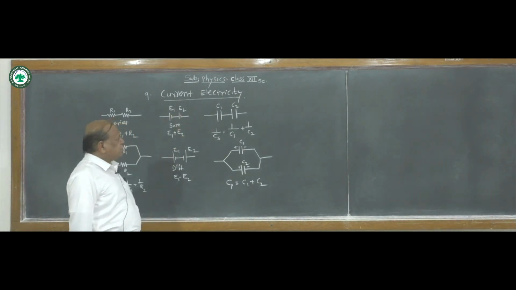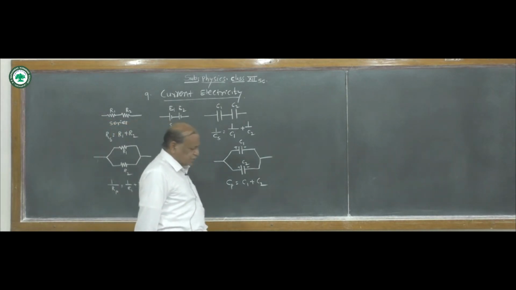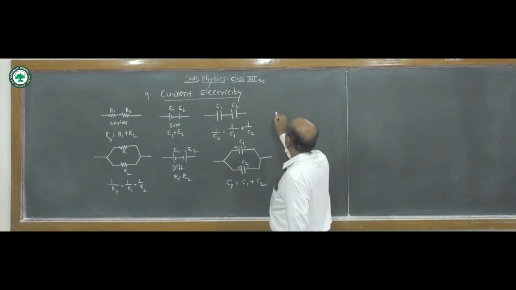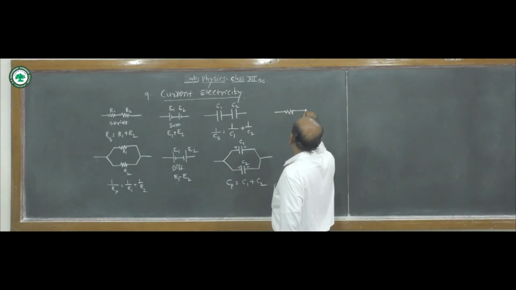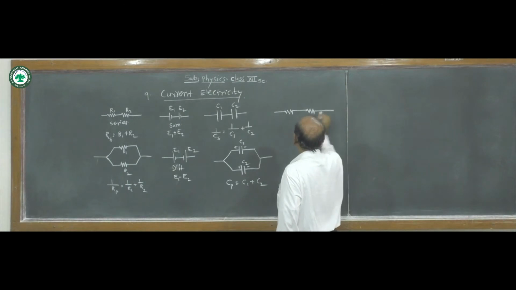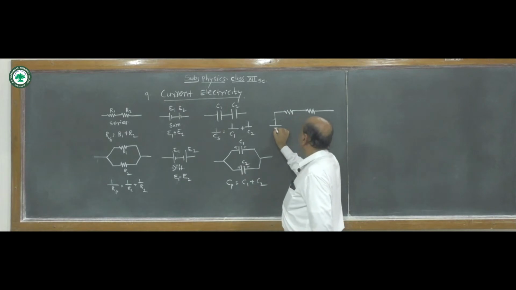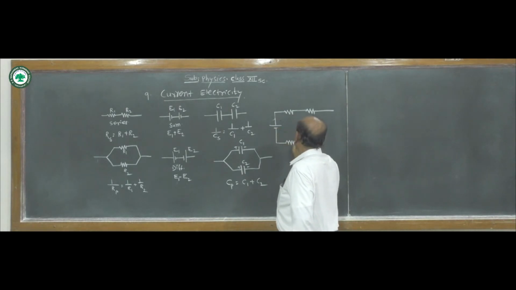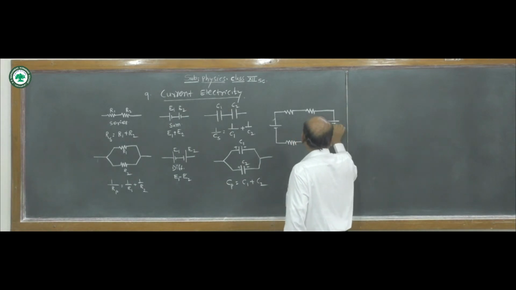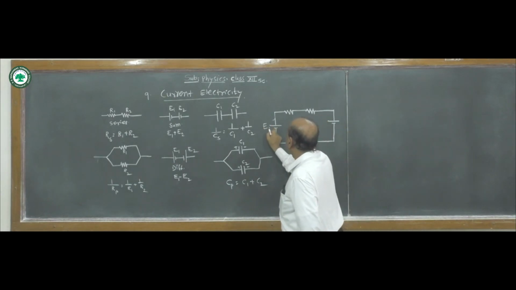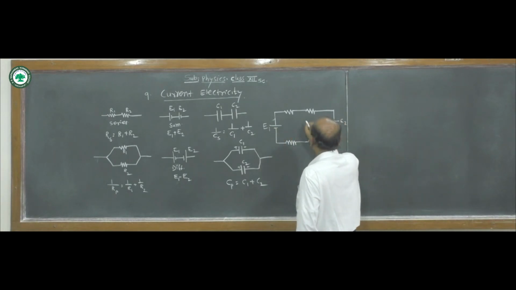Now such combinations form a network, any complicated network. Like that, we consider some network. This is positive, negative. This is a source of EMF E1. This is E2.